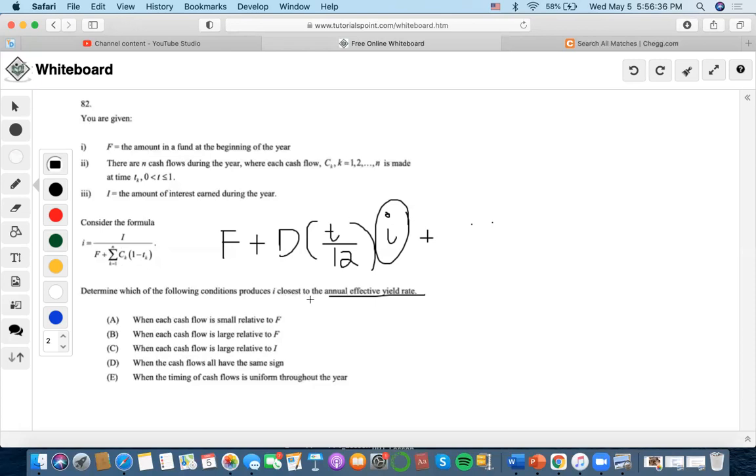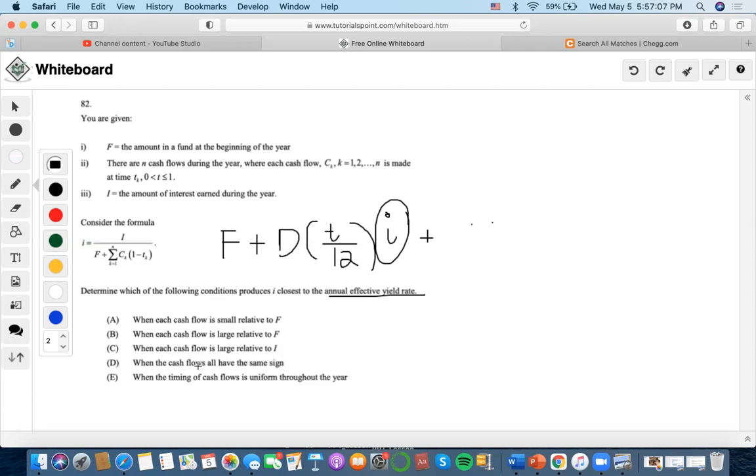So let's look at all of the choices. For E, when the timing of cash flows is uniform throughout the year. Okay, well, timing of cash flows. Okay, let's go on to the next one. And the cash flows all have the same sign.